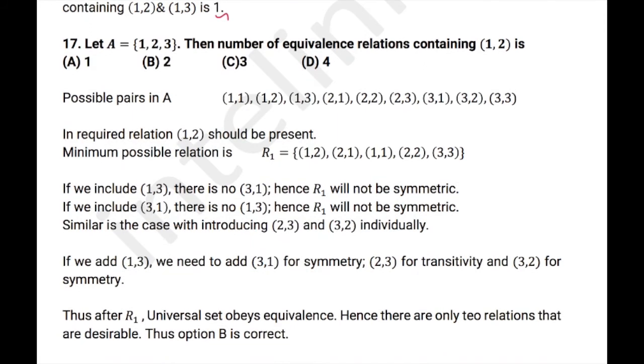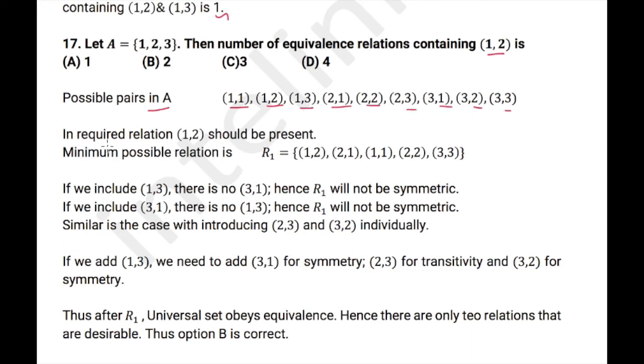Now let A equal {1, 2, 3}. The number of equivalence relations containing (1, 2). How many are possible? Now possible pairs in A are (1, 1), (1, 2), (1, 3), (2, 1), (2, 2), (2, 3), (3, 1), (3, 2), (3, 3).